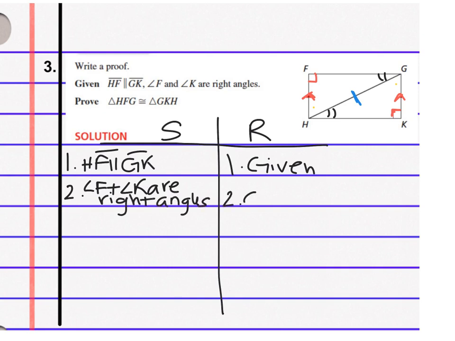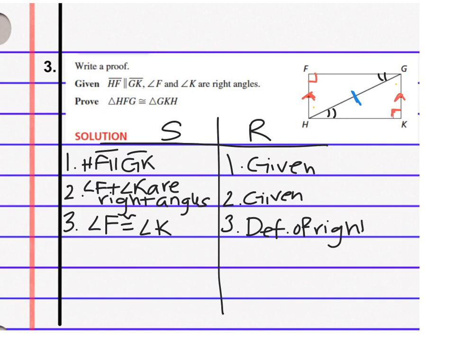That is also given. All right, then, since they're both right angles, I can say that angle F is congruent to angle K, and I'm going to say definition of right angles. Okay, so I've done an angle, then I need to do the next set of angles.